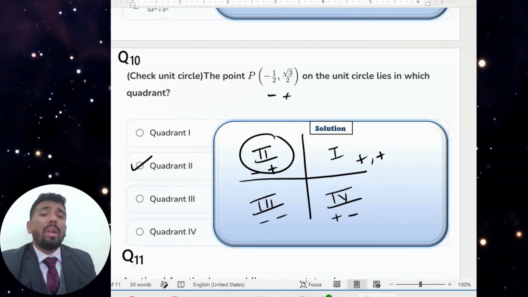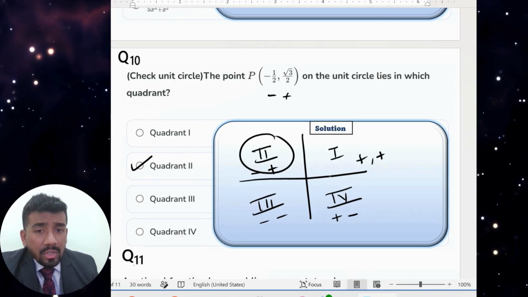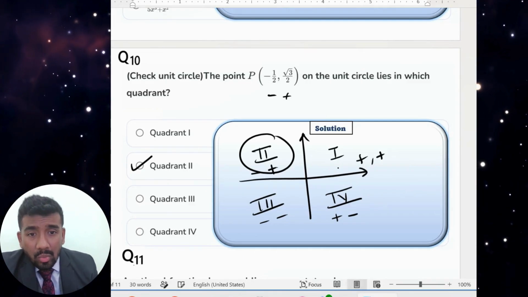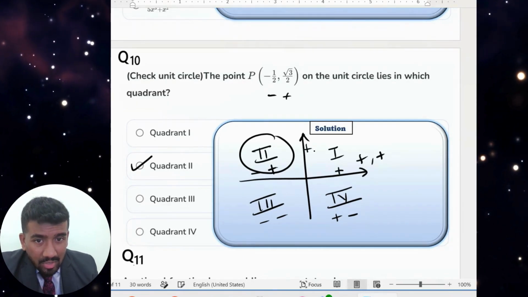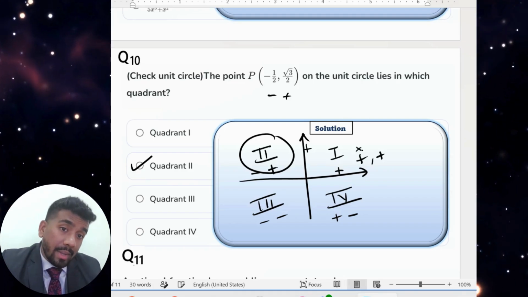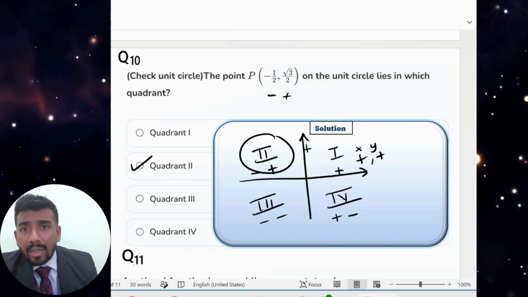Now you will tell me, how did you get this plus plus in the first quadrant? You see, in the first quadrant, you have this x and you have this y. Now, what is this x? This is plus, and this also plus, right? So plus plus, x first, then y. Same here in the second quadrant. Let me take another color.